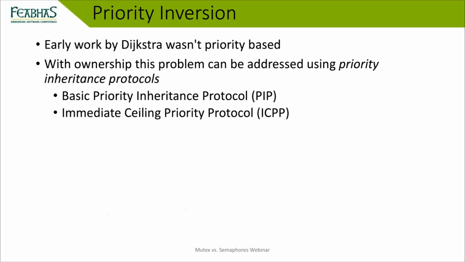Now, the reason we didn't see priority inversion really earlier than the late 80s, early 90s is because a lot of the early work and Dijkstra's work was around general purpose operating systems. And even though most general purpose operating systems like Unix at the time use a priority model, they all use a dynamic priority model. That means the operating system is allowed to, at runtime, choose to change the priority of each running thread.